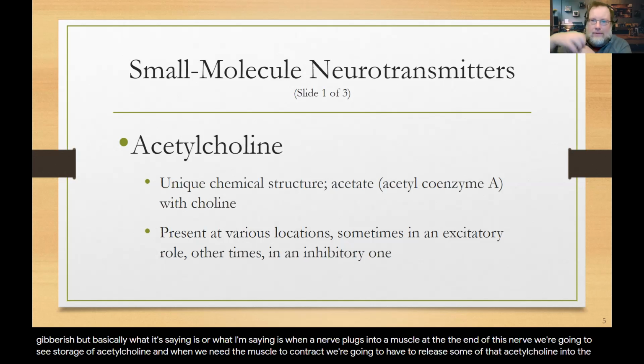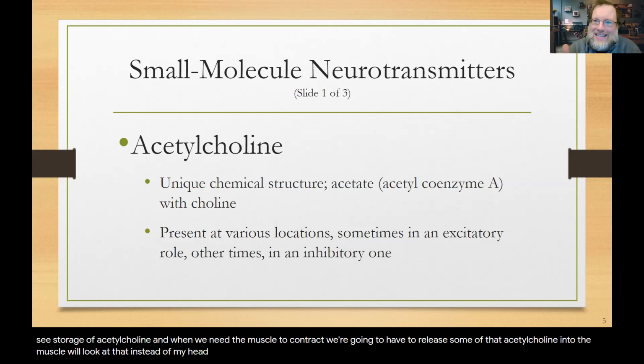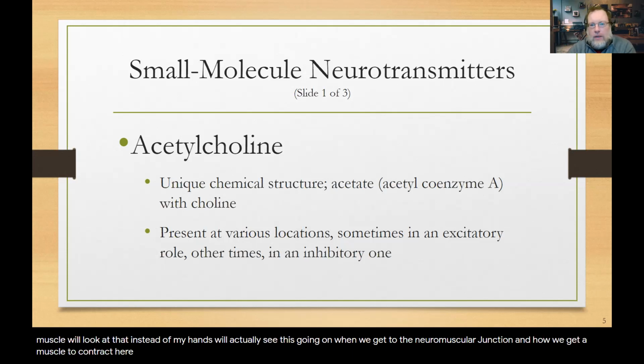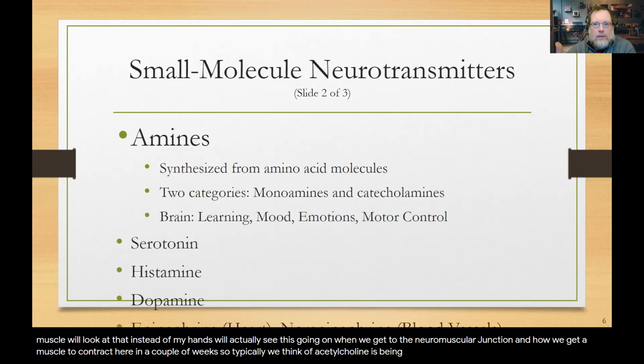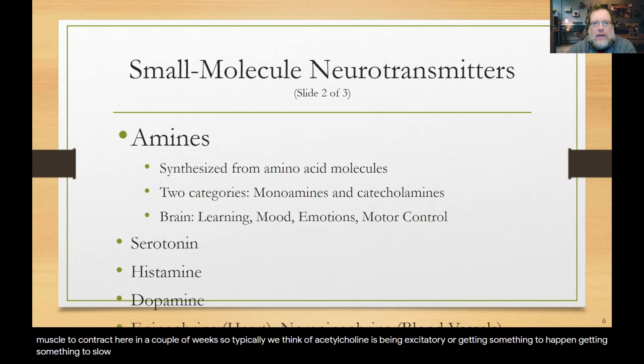We'll actually see this going on when we get to the neuromuscular junction and how we get a muscle to contract here in a couple of weeks. So typically we think of acetylcholine as being excitatory, or getting something to happen. It can be inhibitory as well, or getting something to slow down or stop.